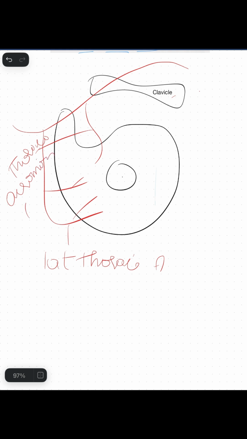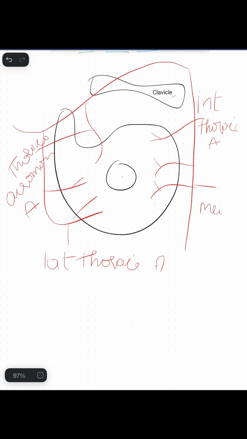And from here we get two more branches. The first one is the internal thoracic artery, and again we get another branch, which we call the medial mammary branches. Along with this, we also have intercostal arteries which supply the breast.